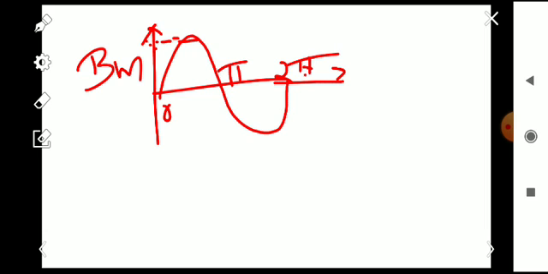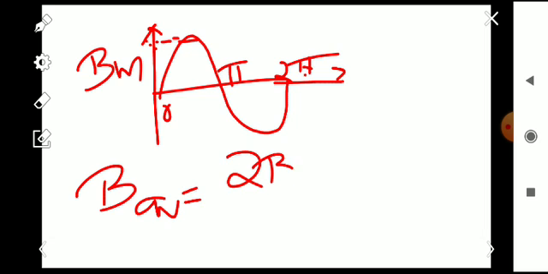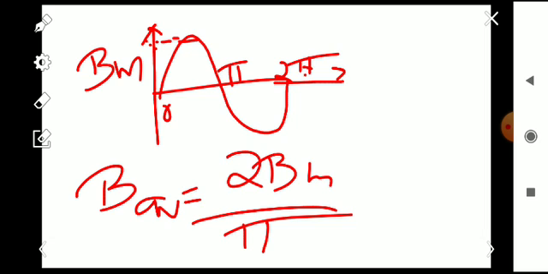From this waveform we can simply calculate the average flux density. B average will be equal to 2 Bm by pi.